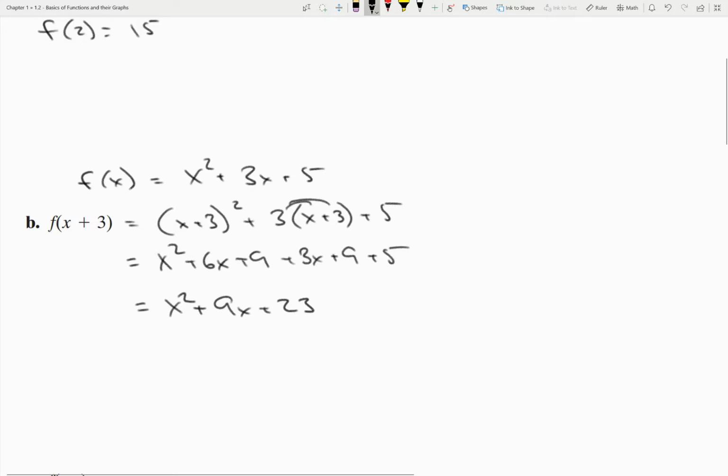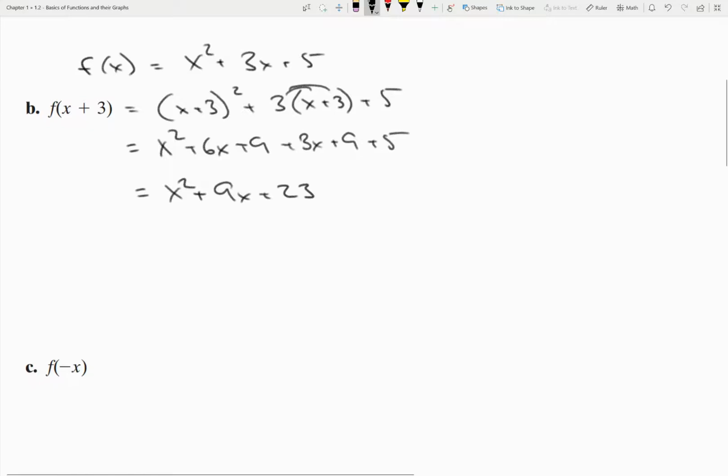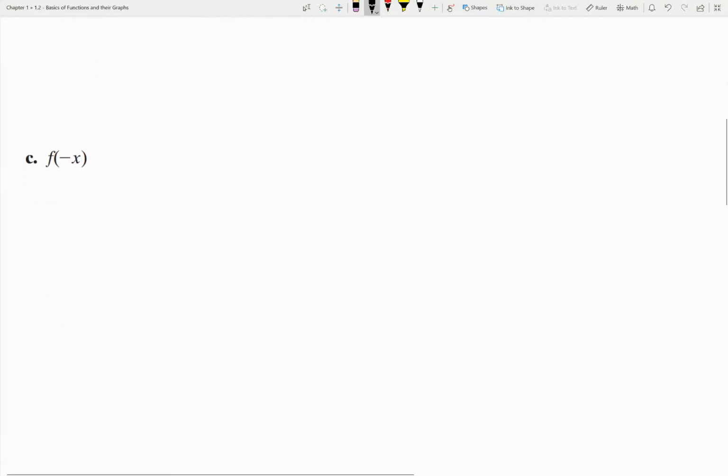And then another thing we can do is try to evaluate f of negative x. Let's write f of x again: x squared plus 3x plus 5. This one is important. We're going to use it a lot to figure out things like if a function is even or odd.